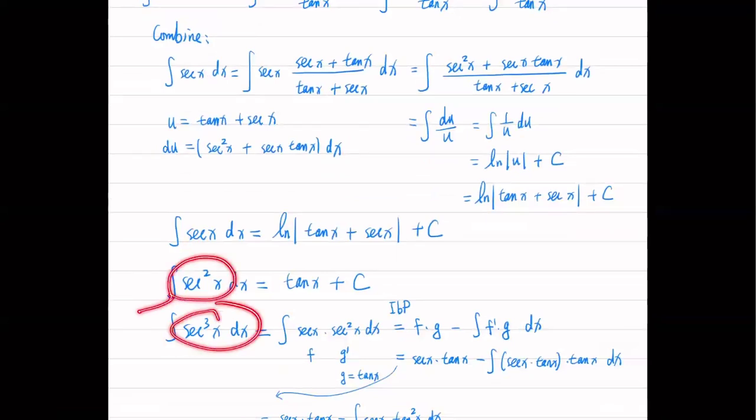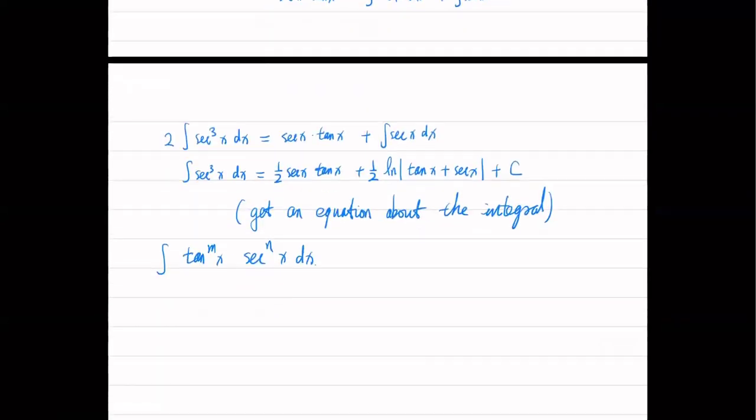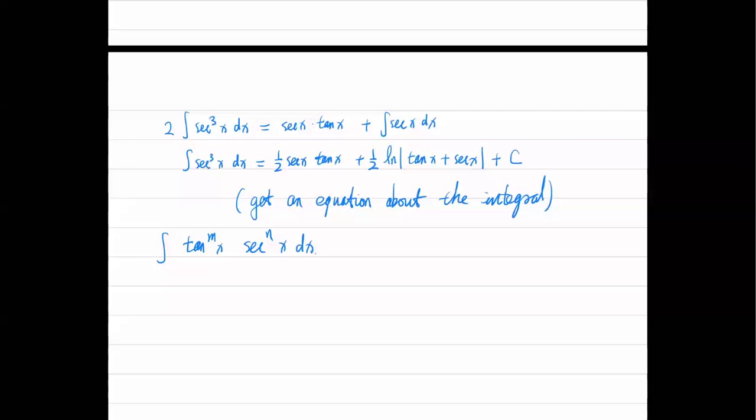So the first case is n even. And when n is even we can split a square. Tangent mx secant n minus 2x secant square x dx. We split the 2 out. Then we have the substitution.